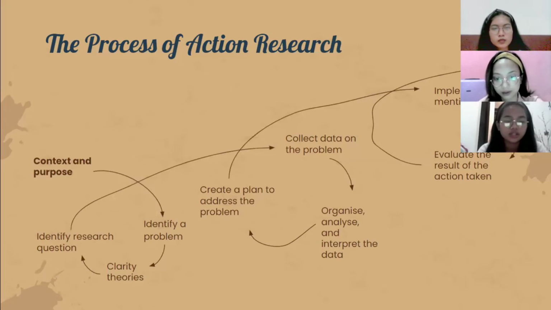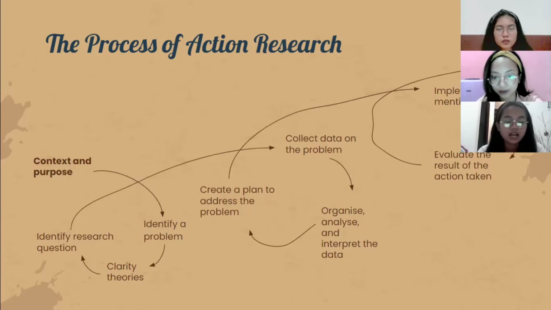Here the researchers need to state the focus or the purpose of the study, and ask what element they will investigate. After deciding what to investigate, we have to identify a problem and clarify the theories.